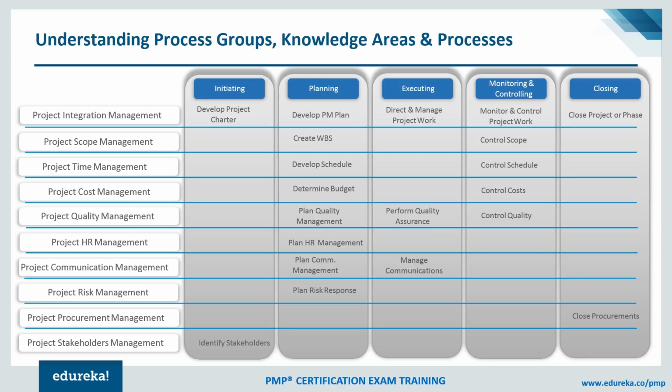There are 5 process groups: initiating, planning, executing, monitoring and controlling, and closing. And then there are 10 knowledge areas starting from project integration management to scope, time, cost, quality, HR, communication, risk, procurement, and stakeholder management. And then there are certain processes. So depending on what stage of the project you are in, you will have to carry out certain processes which belong to these knowledge areas.